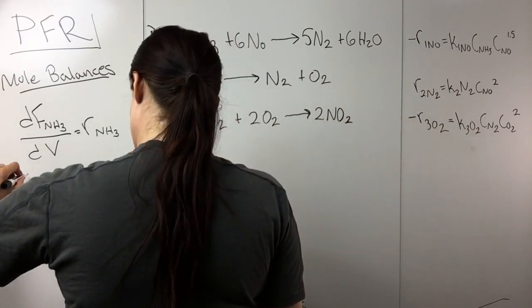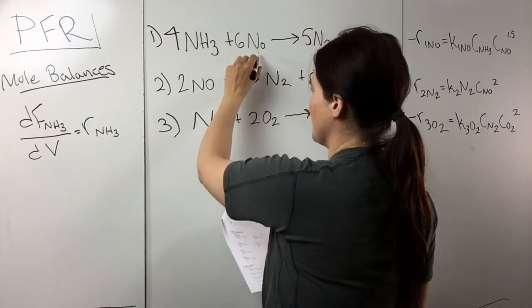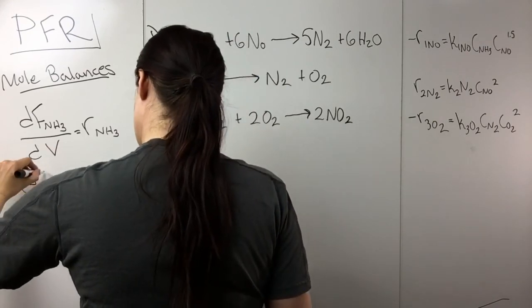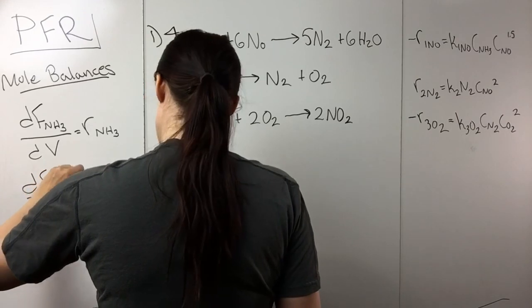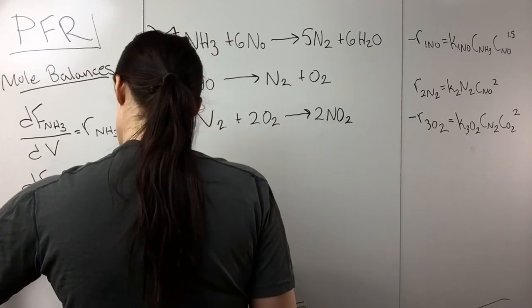Okay, so we have NH3, so we need one for NO: dF_NO/dV is equal to r_NO.